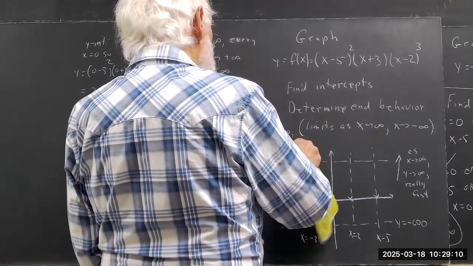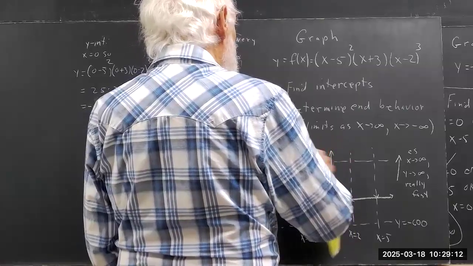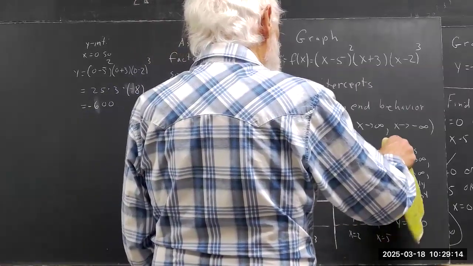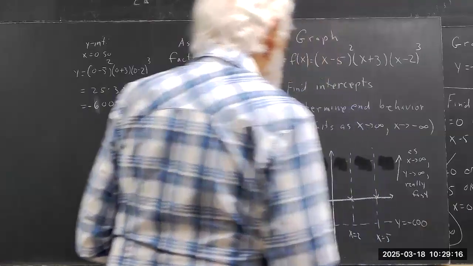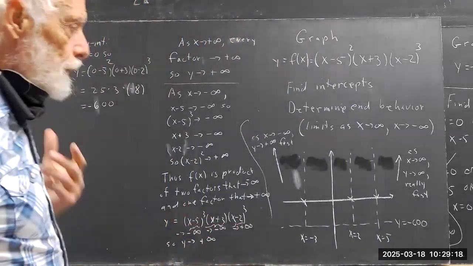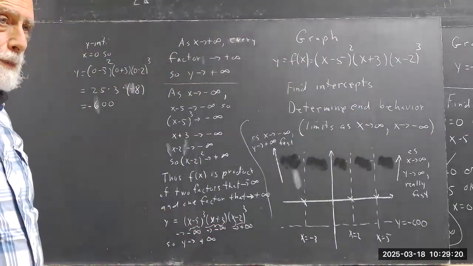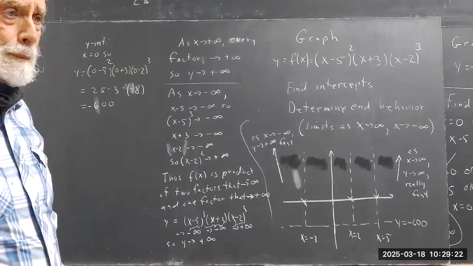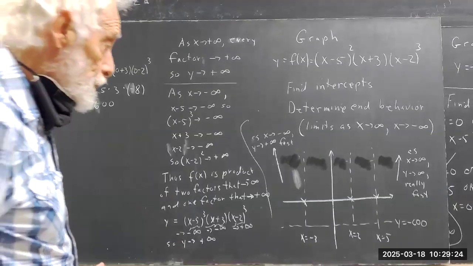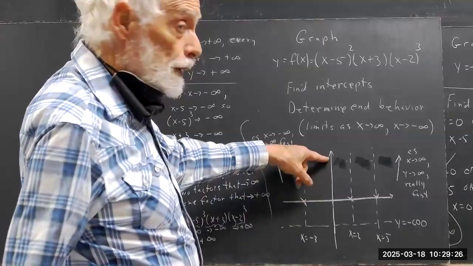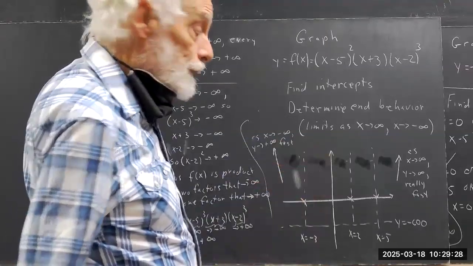So let me pretend I never made that mistake. But you see that if you make a mistake in one of these steps, your graph isn't going to work. Okay. The graph wasn't going to work if my y-intercept was up here.